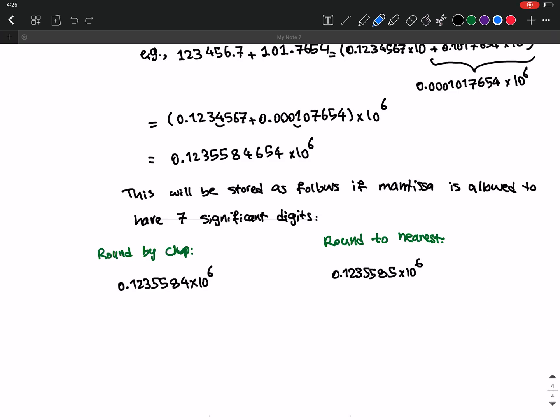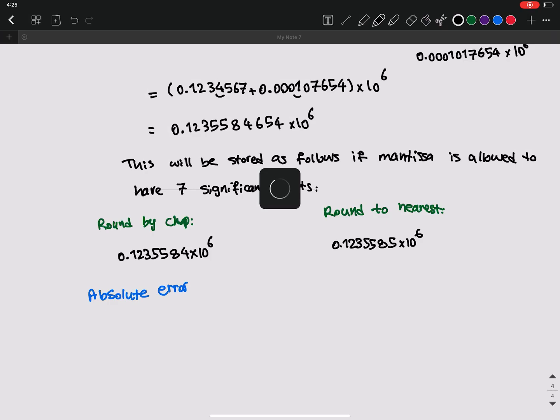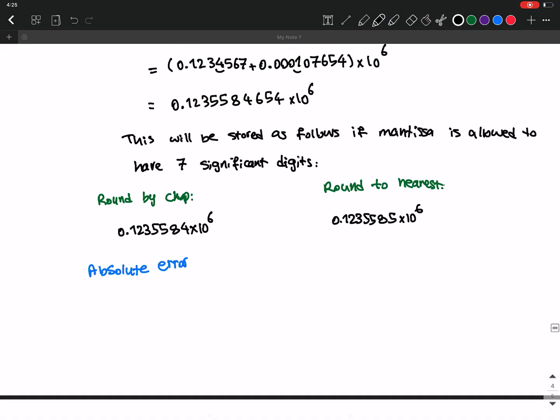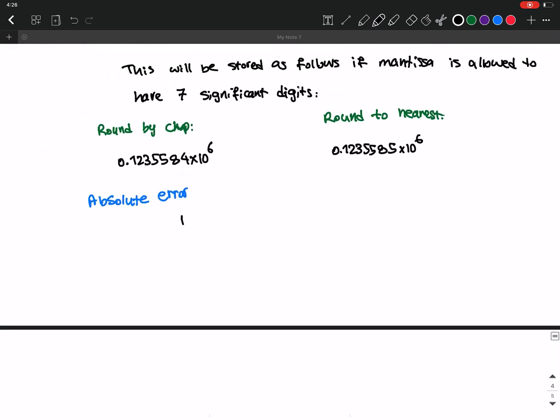Okay. So here I want to define two errors. So these errors are very important for this computation. So one is absolute error. The absolute error of this floating operation is defined as x minus floating x.